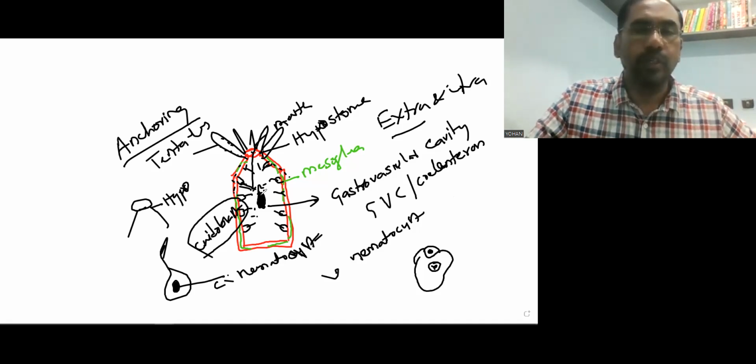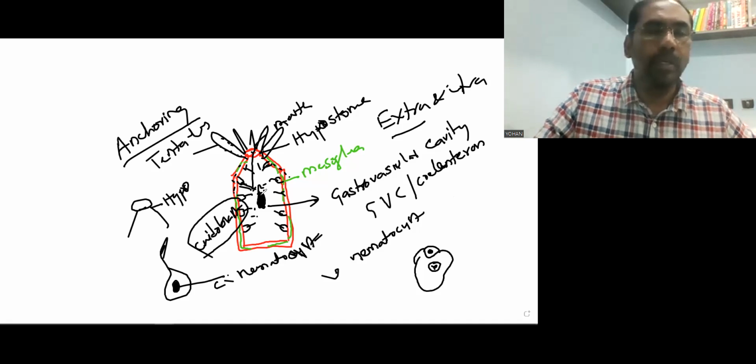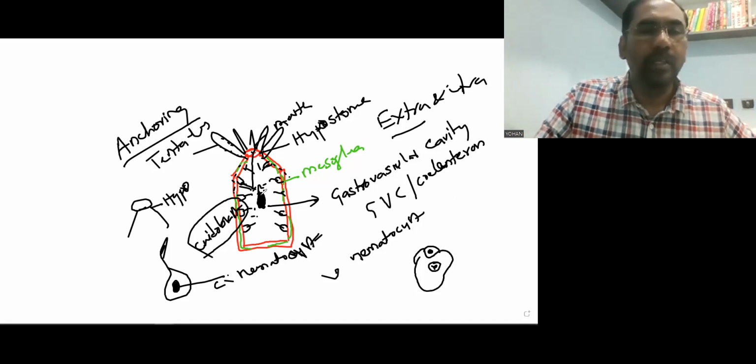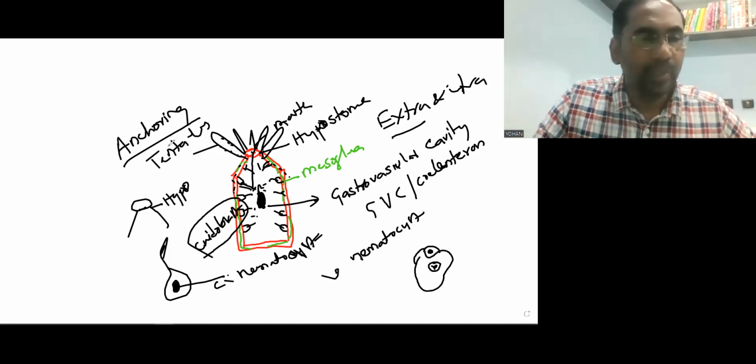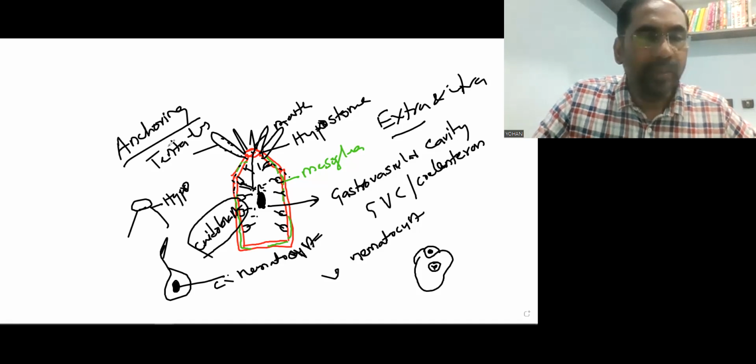Just try to recollect our alimentary canal. This is our alimentary canal, isn't it? And the wall is formed by cells, isn't it? Within, you can find a space called lumen.